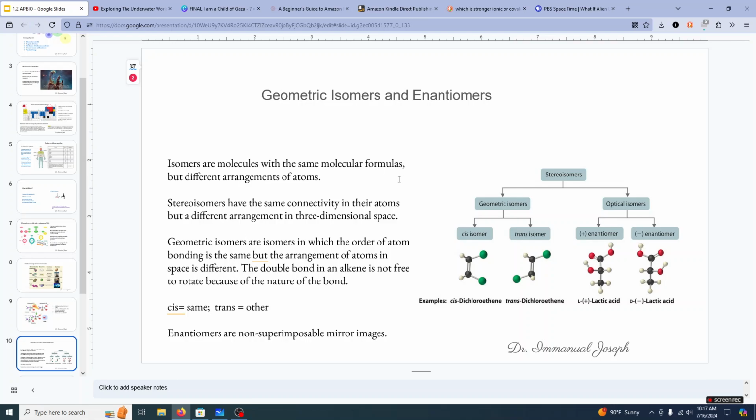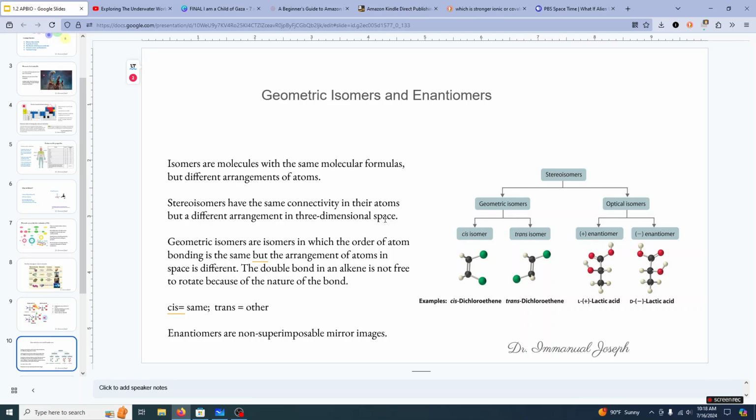So this is where isomers become important. Isomers are molecules with the same molecular formula, but they have differing arrangement of atoms. So if I have 6 carbons, 12 hydrogens, and 6 oxygens, there are multiple ways to arrange that.